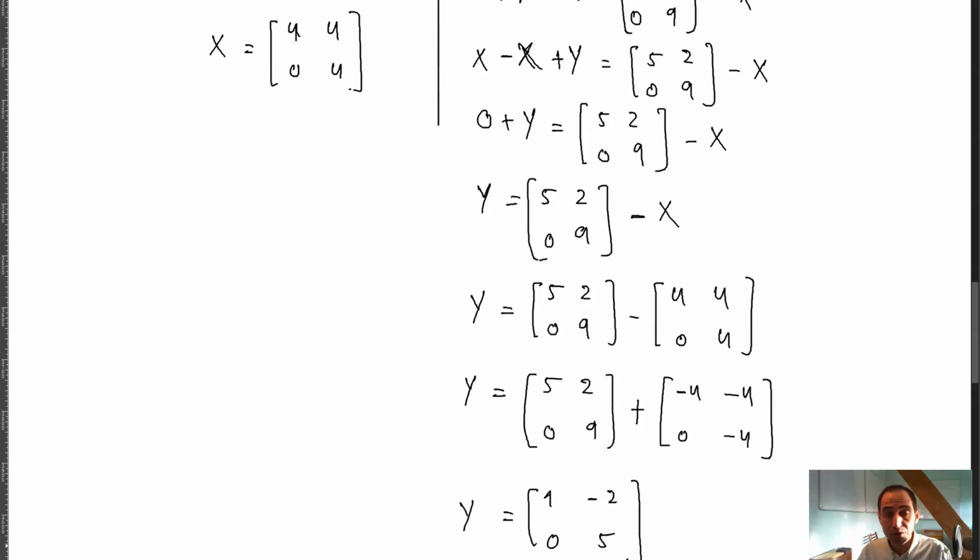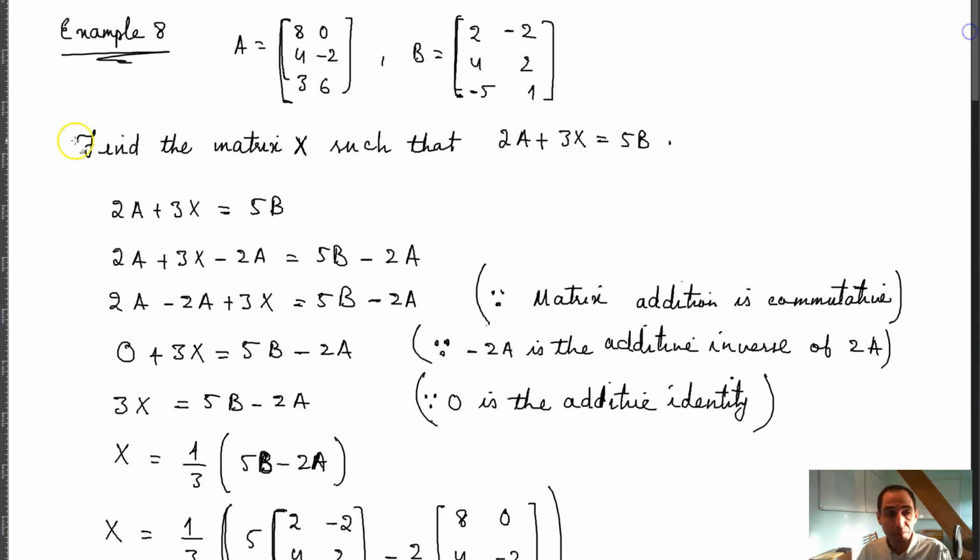Now, question number 10, example 10. We have: find the values of x and y from the following equation.